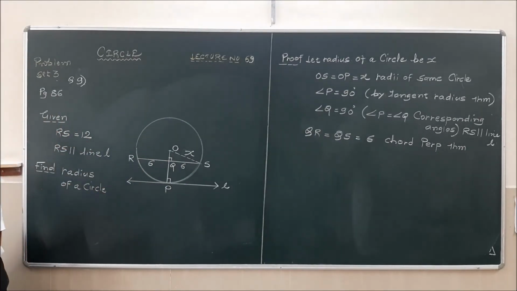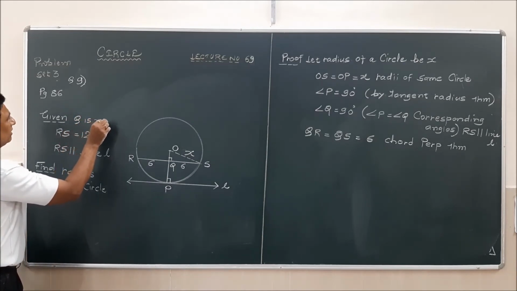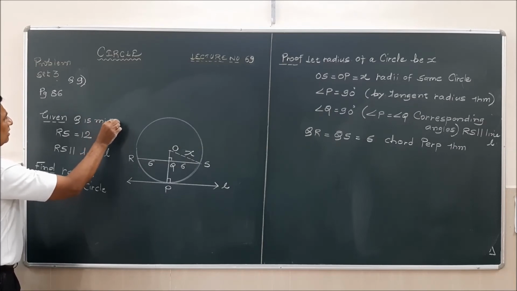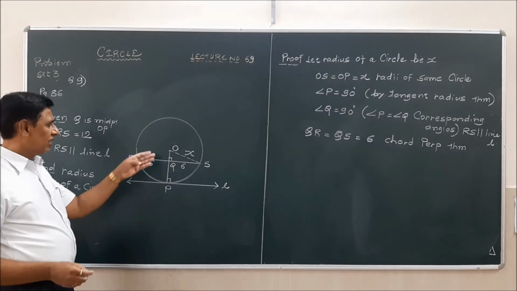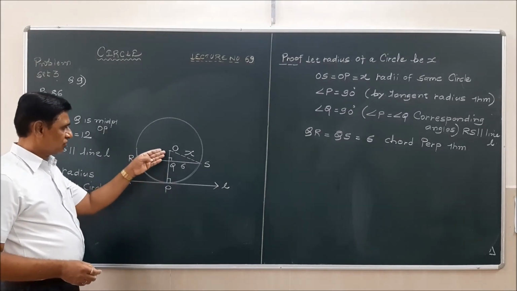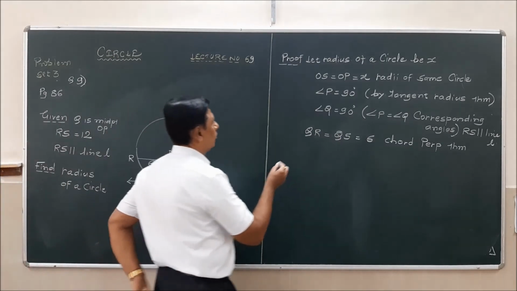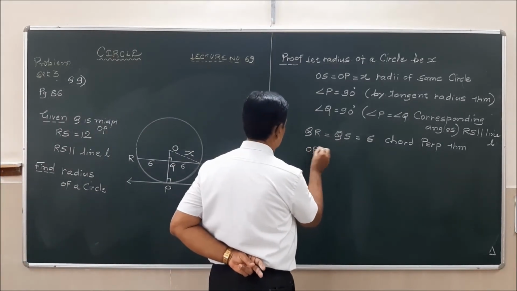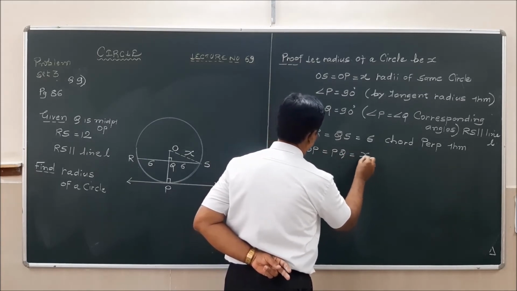Okay. Now I am going to read the question again. Q is the midpoint of OP, very, very important. So you will find OQ is equal to PQ. That is equal to X upon 2.